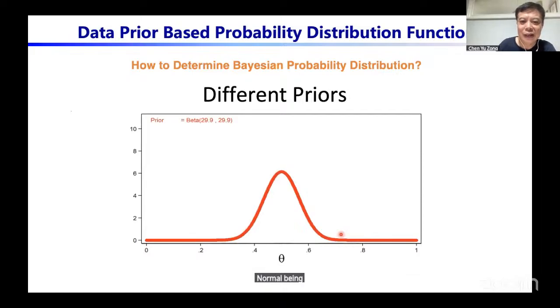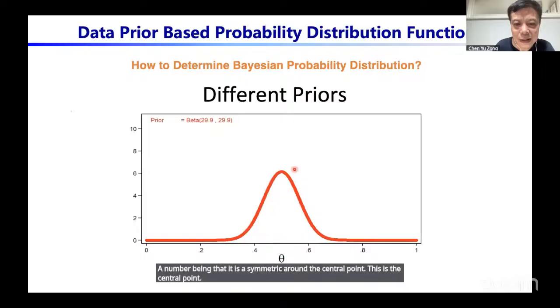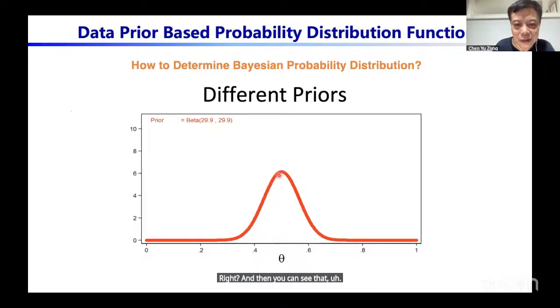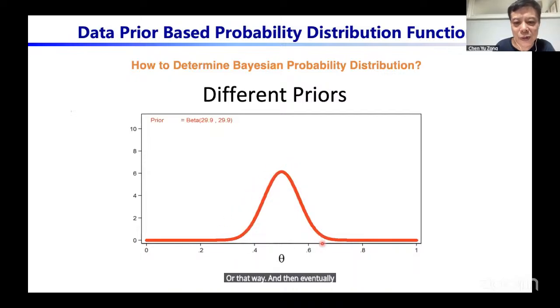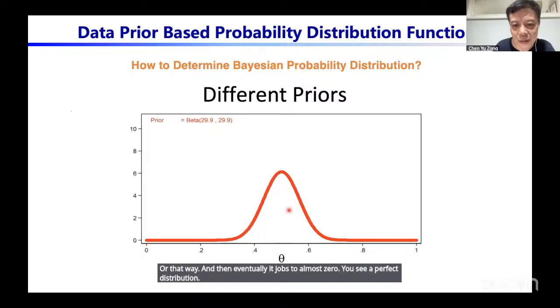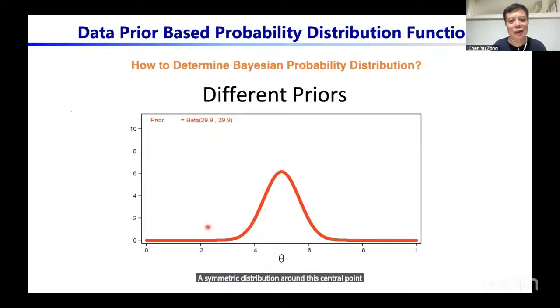Normal being that it is symmetric around the central point. This is the central point, right? And then you can see that it is the top, and that means it has the highest probability of happening or highest density at this particular point, and then the density drops as it goes both ways, either this way or that way, and then eventually it drops to almost zero. You see a perfect symmetric distribution around this central point. So this is called a normal distribution.